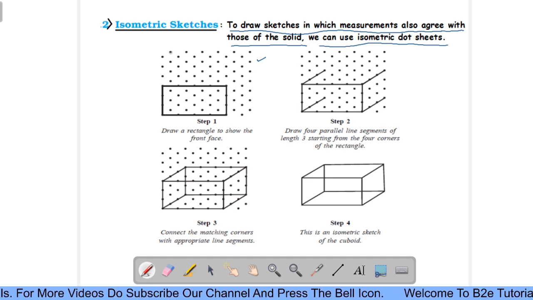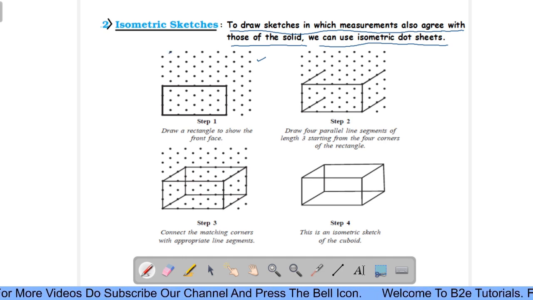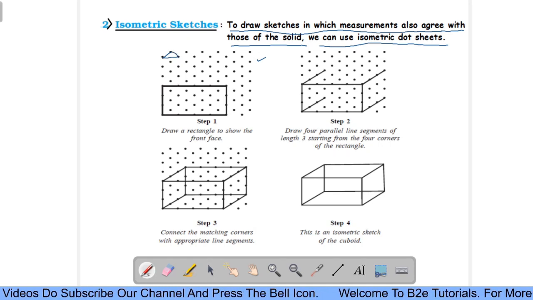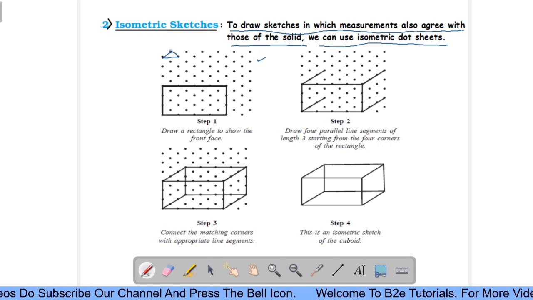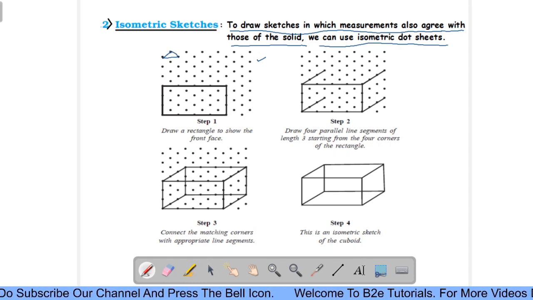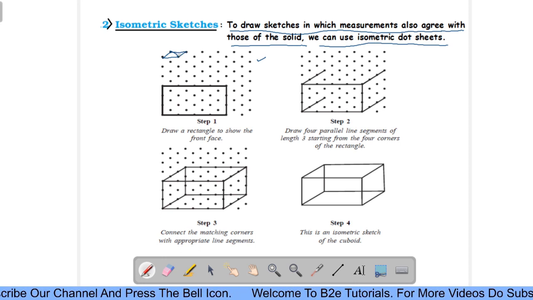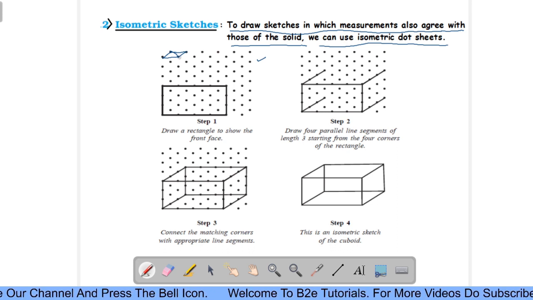For example, if you join this dot, this dot, and again this dot, you will get an equilateral triangle. If you join this dot and this dot, again you will get an equilateral triangle.